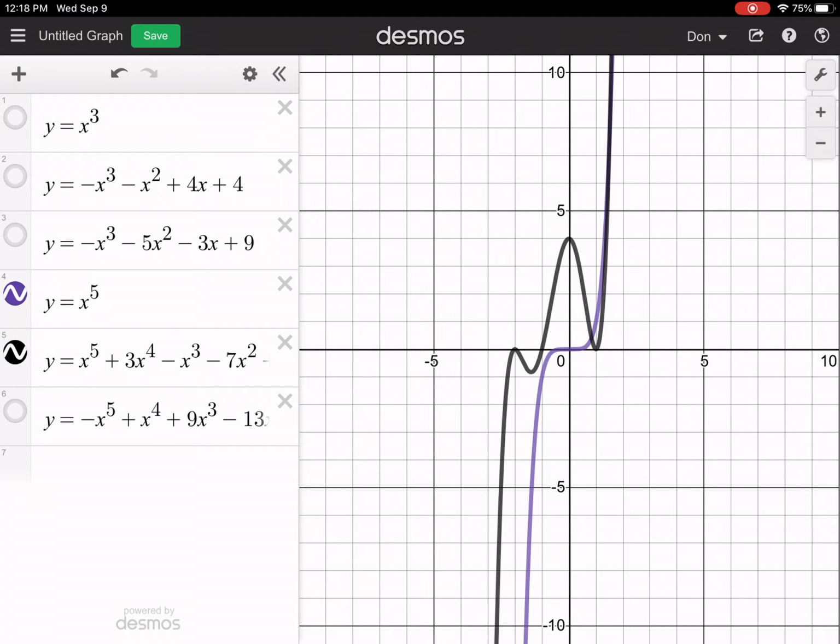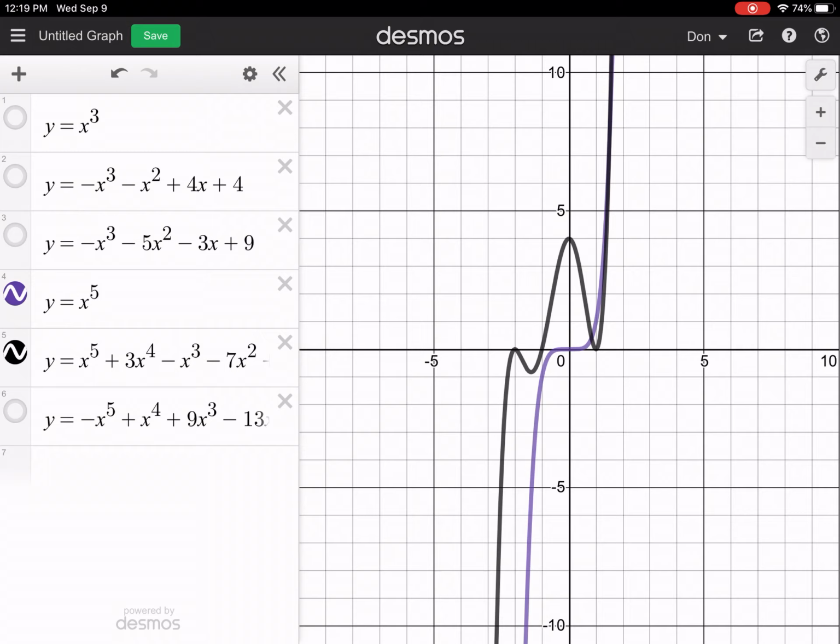Spoiler alert, I might as well just talk about it right now. Everything has to do with the leading coefficient and whether the degree is odd or even for the function. So these are all odd degree functions, and so the first two have positive leading coefficients, the two that we can see, and so they go from quadrant 3 to quadrant 1.